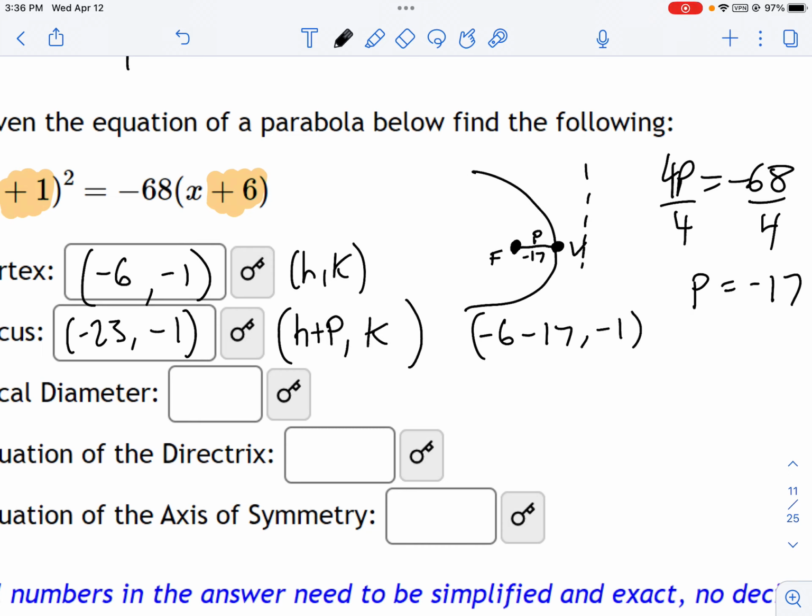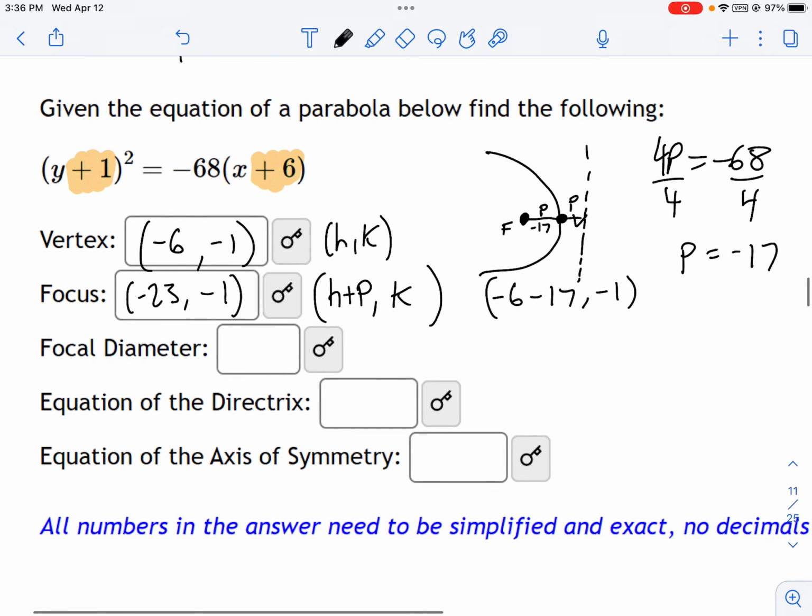The directrix is behind your parabola, so in this case, it's going to be to the right of it. And that's also a p value away from your vertex. Think about it this way: if you have an x-axis, your directrix would be running through the x-axis, which means the equation of the line is going to be x equals something.